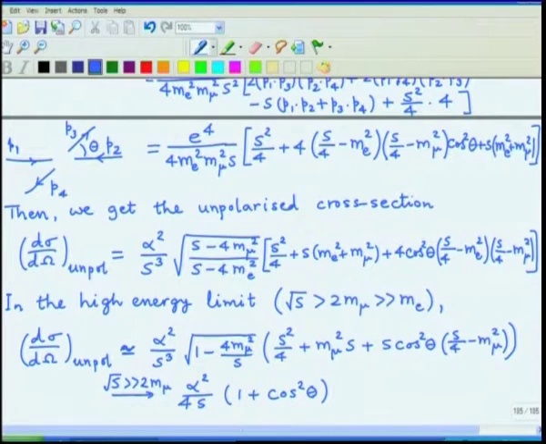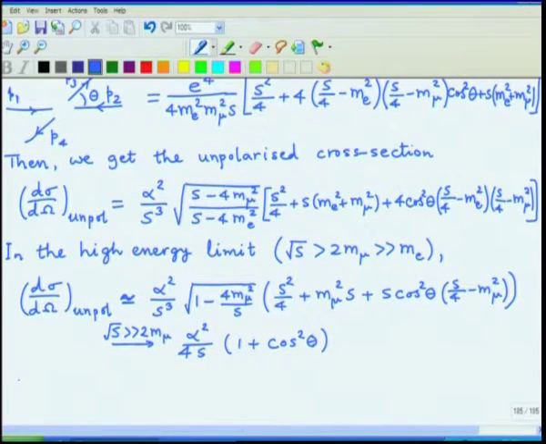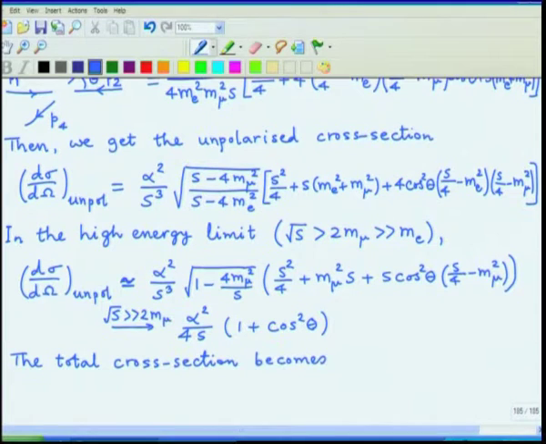So, this is a result. One can go further and calculate the total cross section by integrating over the angle again.